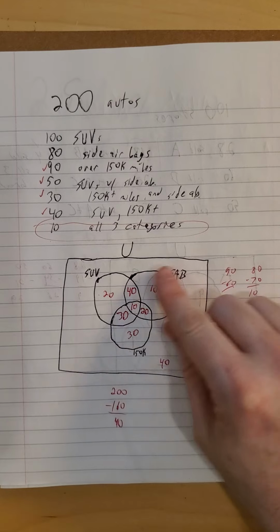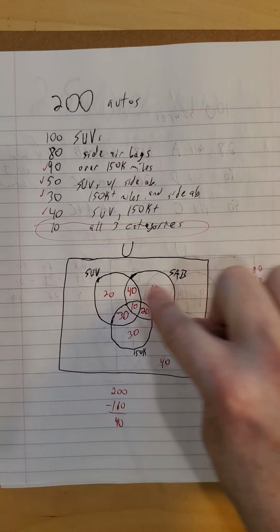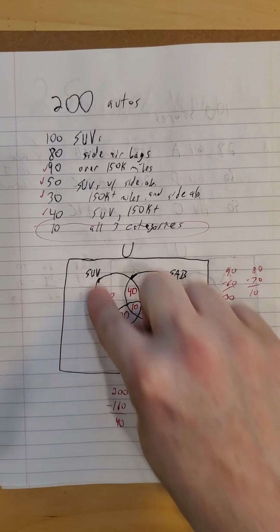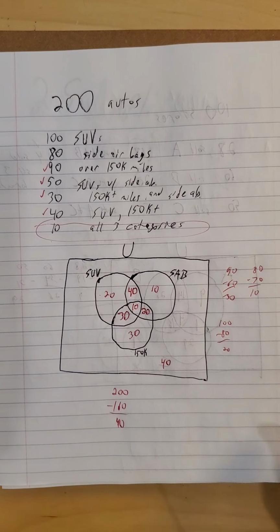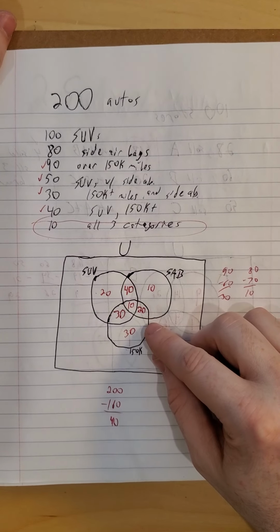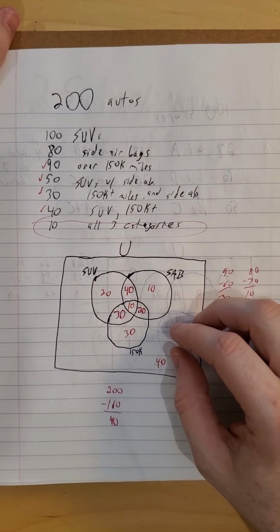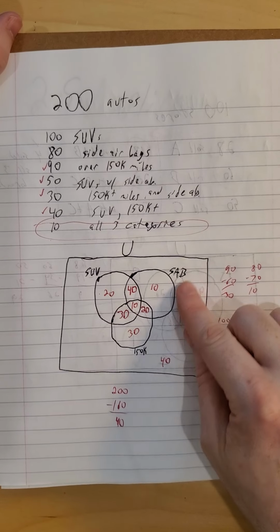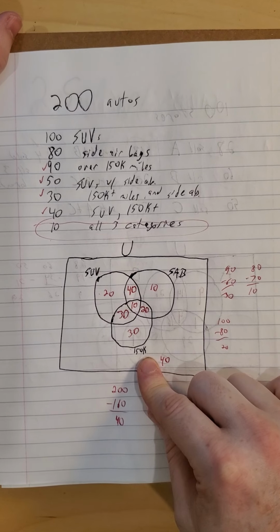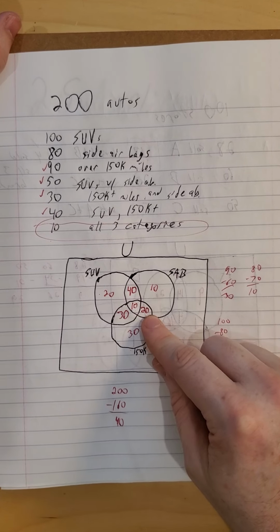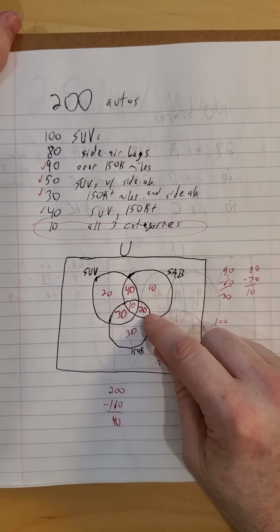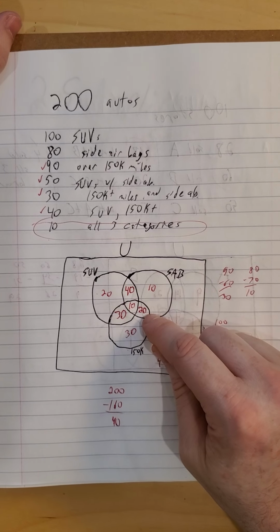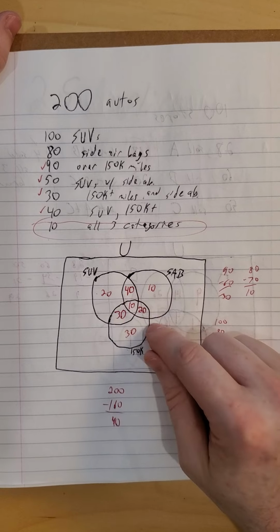So hopefully this matches. Again, if you had a different order that you labeled these, your drawing will be rotated from where mine is, but you should have the same numbers in the same overlaps based on the labels. So wherever your side airbag and 150,000 is, you should have 20 in the overlap of them, but outside of SUV, and 30 total in their overlap.